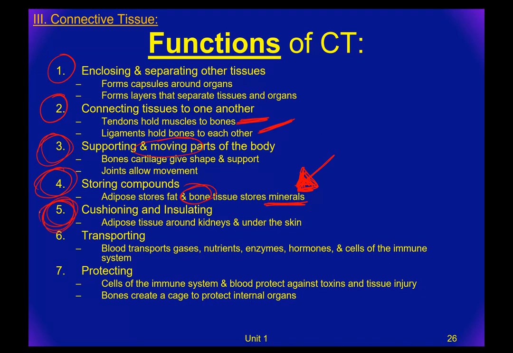Okay. 5, cushioning and insulating. This goes back to adipose tissue. Cushioning. The more adipose we have, the squishier we are, right? We actually have 2 organs that sit slightly below our rib cage, our kidneys. Here is this bony cage that's supposed to basically protect our organs from impact, right?